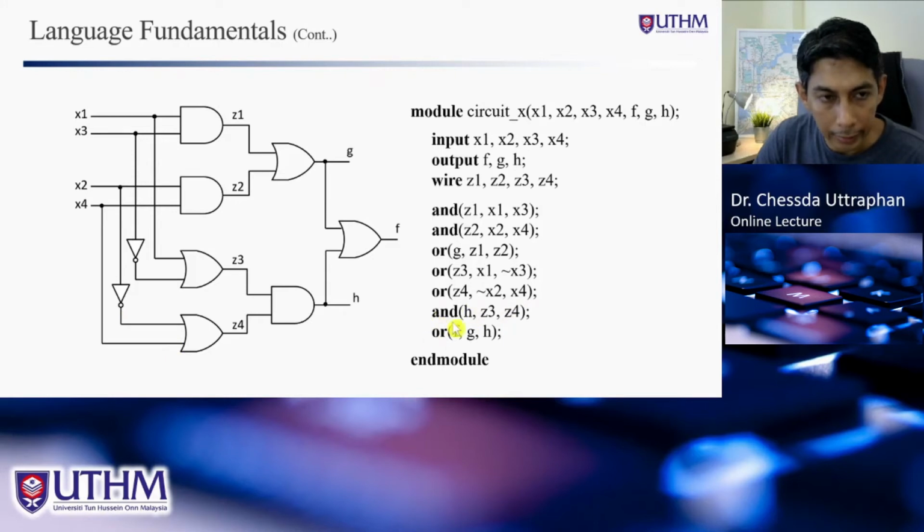And this is the OR gate, for G and H. This one is G, with Z1 and Z2.